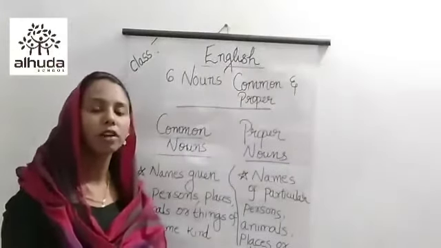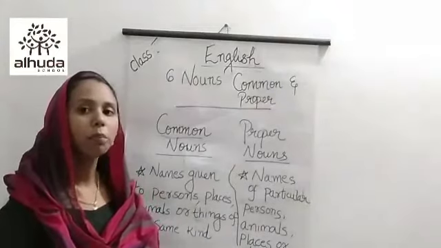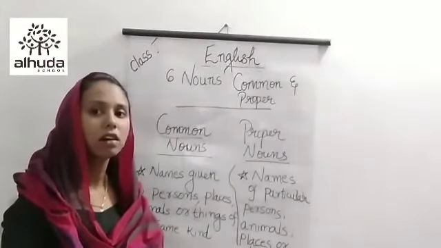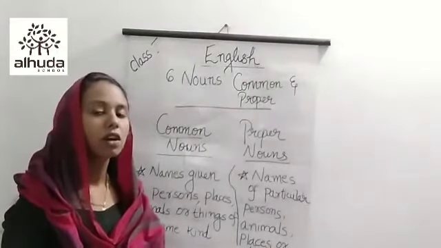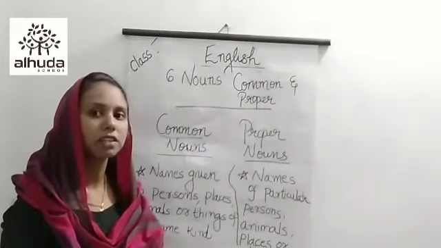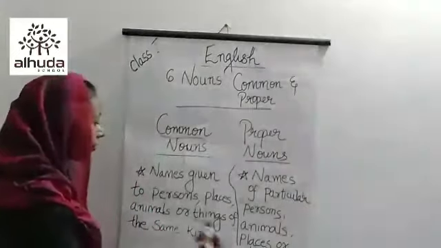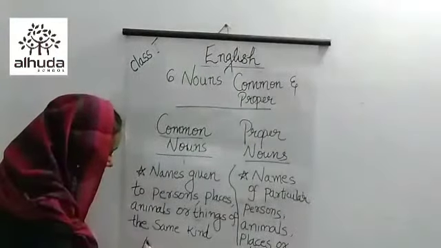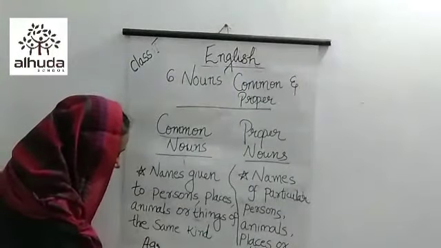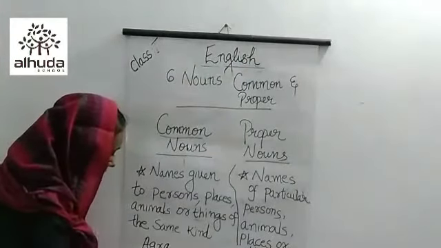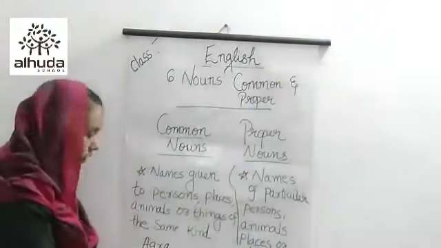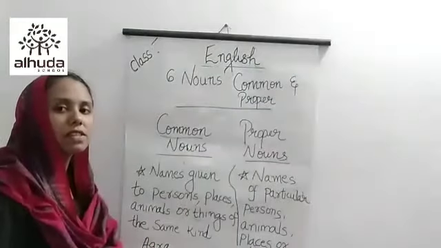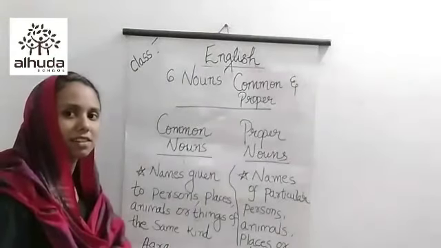And one more important thing is that all proper nouns always begin with a capital letter. For example, if we are writing the name of a city, that is Agra, we should begin with a capital letter. So all the proper nouns should begin with a capital letter.